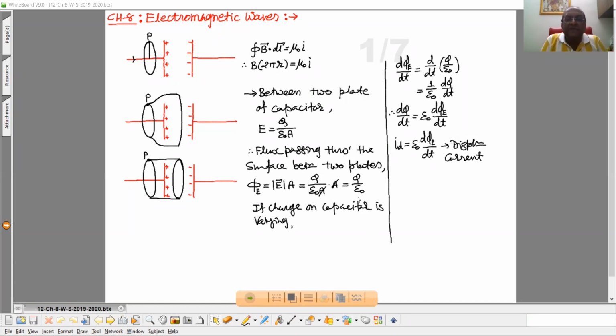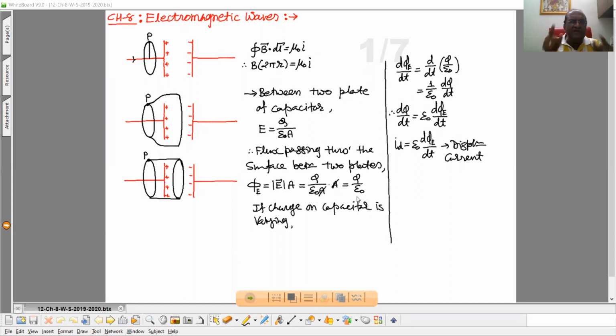But here this flux that is changing one. Why? Because charge on the capacitor is varying. When we switch on the circuit, the current in the circuit changes from 0 to I, and charge on the capacitor that also changes from 0 to Q. Whatever is the time interval, but it is changing one.